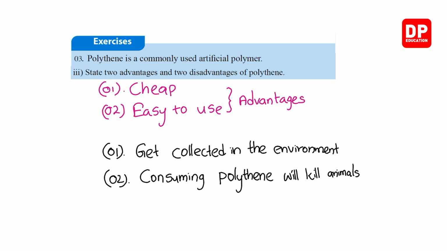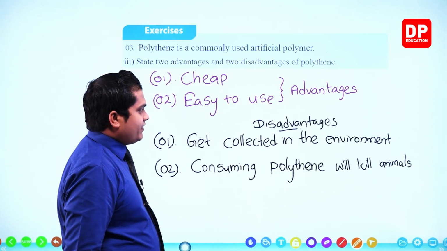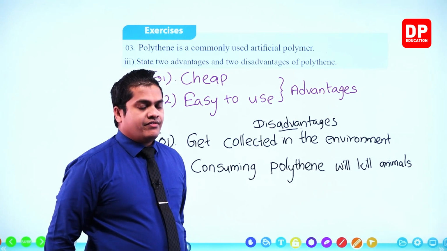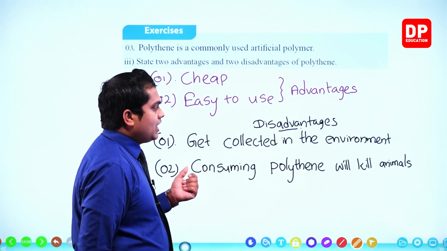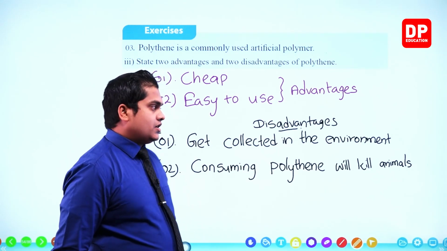These two are disadvantages. So getting collected in the environment is a major disadvantage, and the other one is that consuming polythene will kill animals. Okay, right.